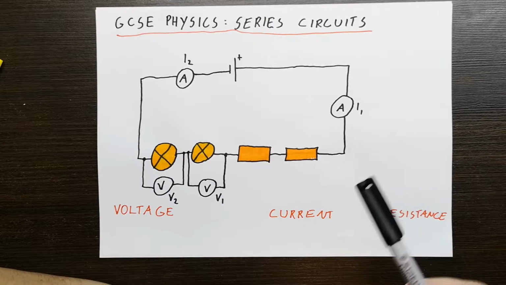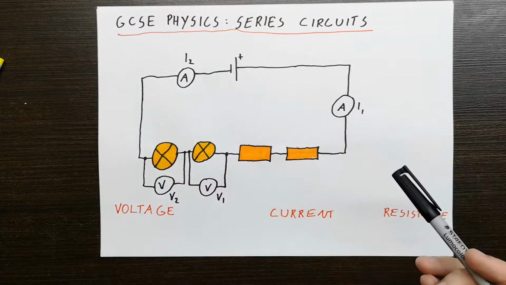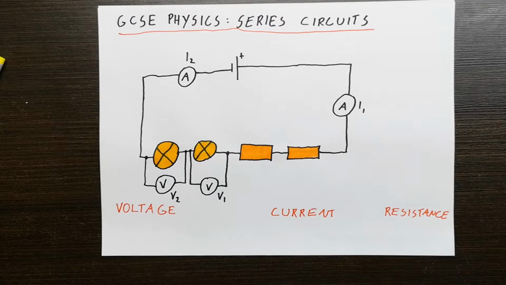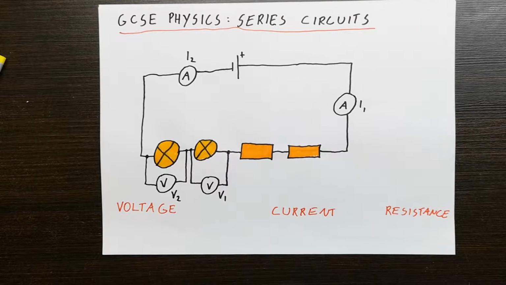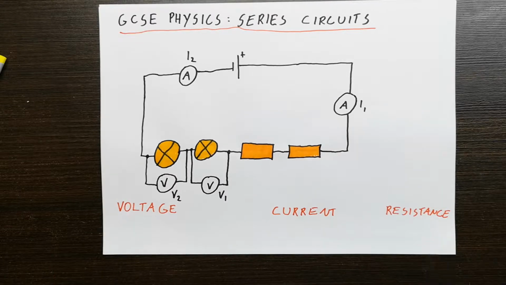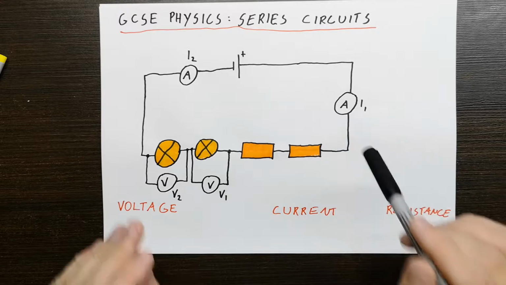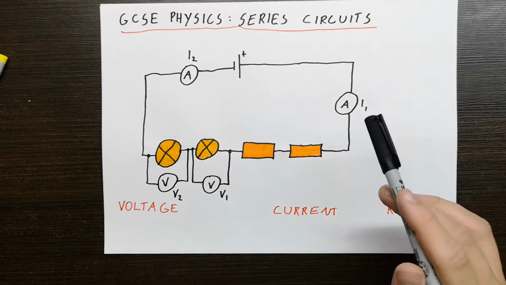Now, the important thing is that there are two types of circuits and these rules are very different. What I really want to get across here is that the easiest way to remember those rules is by understanding in your head how electricity works in a series circuit and then later in a parallel circuit, which we'll cover in the next video.